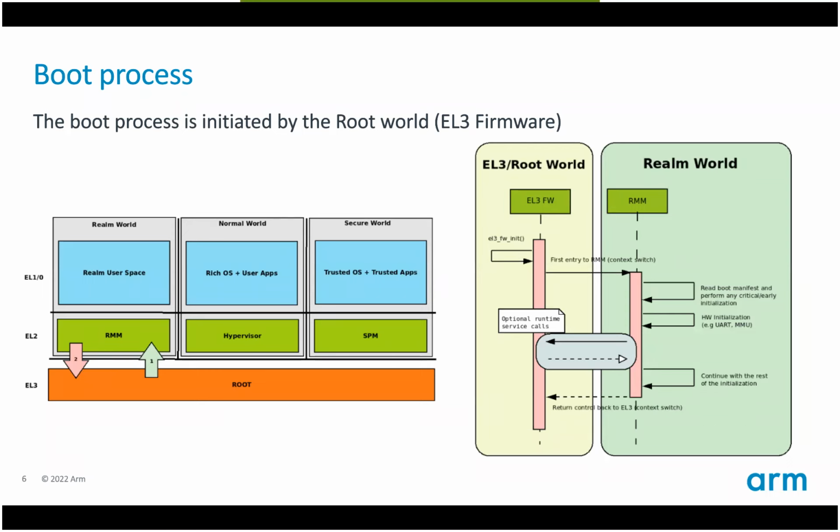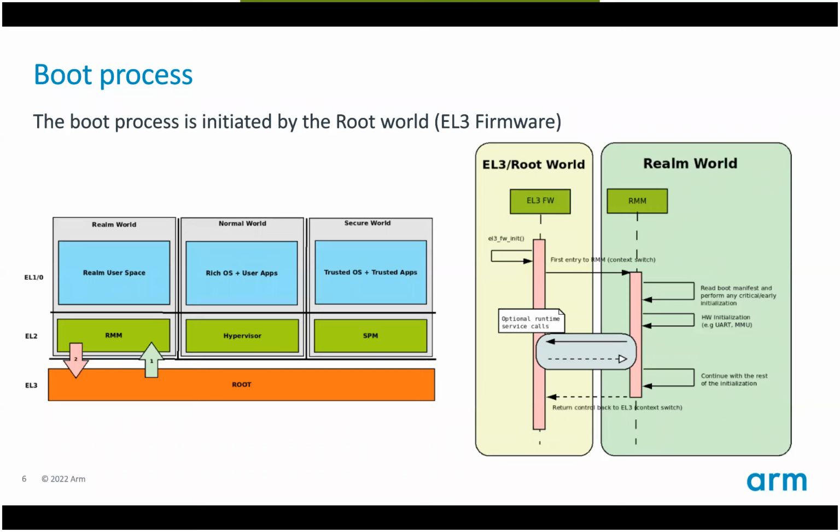During that handover to the realm world, RMM will read any boot information that we have passed through registers, will read any information that we have passed through the boot manifest, and then perform any initialization that it needs. Once it has initialized, it will return back to EL3, so EL3 can carry on with the rest of initialization.